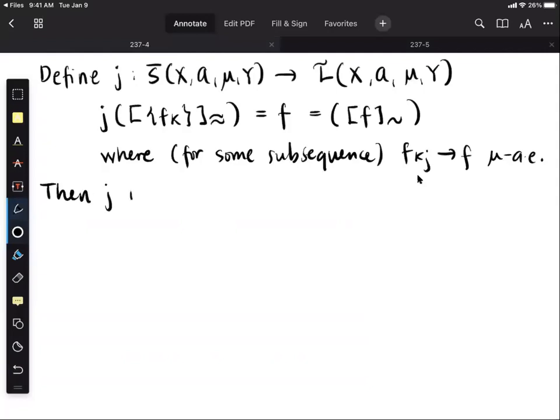One can show that this is linear and it is bijective. So there's a one-to-one correspondence between the completion of simple functions and the equivalence classes of Lebesgue-Bochner integrable functions.